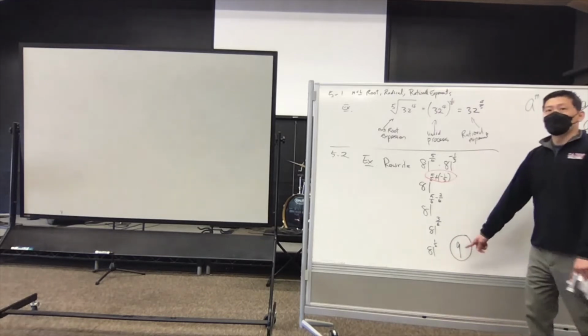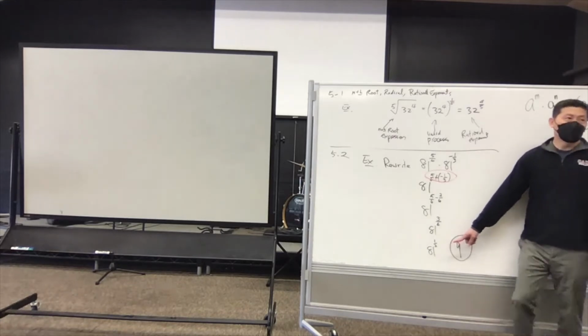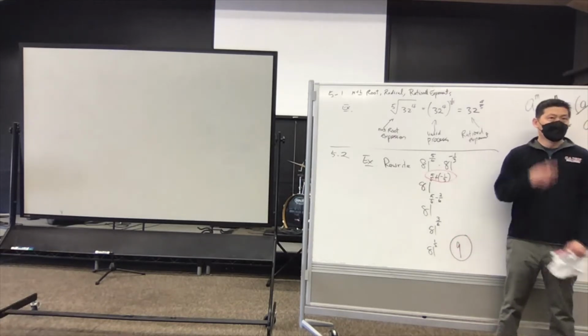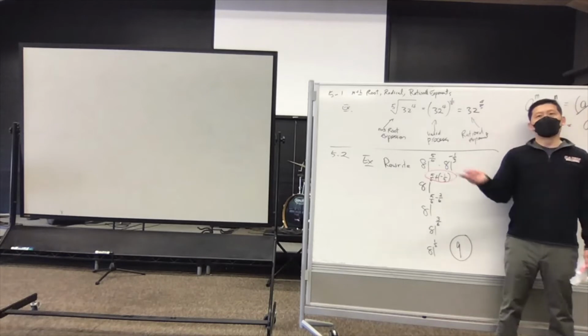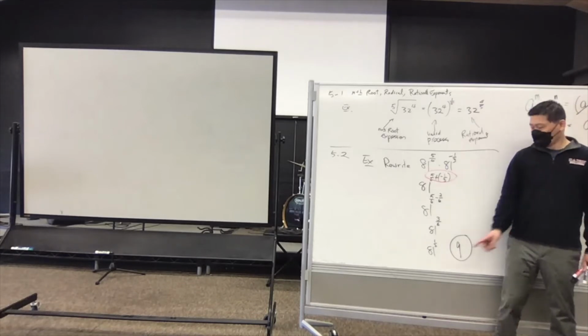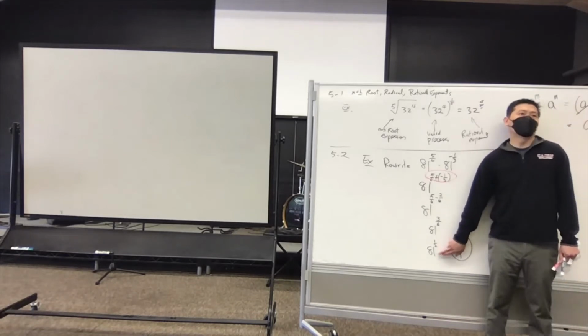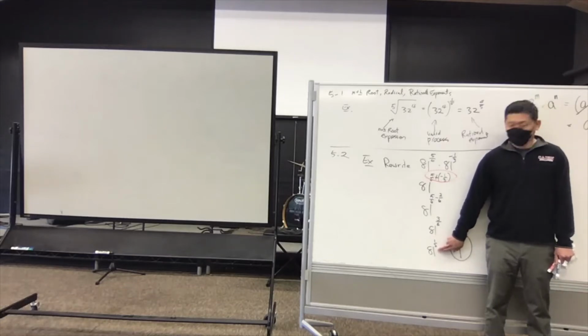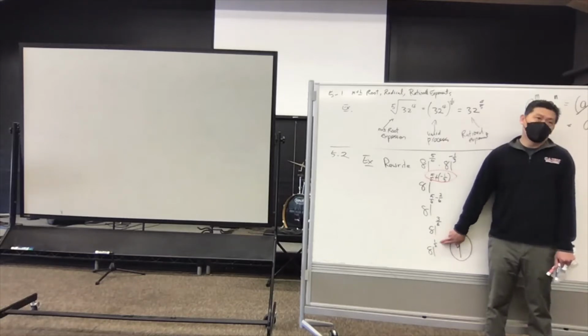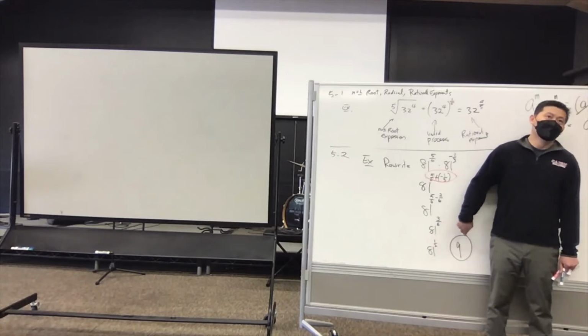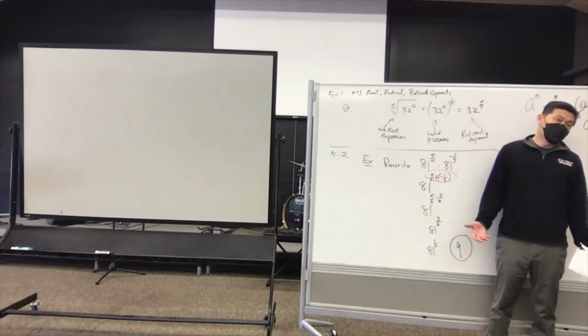Now, notice in my logic I took a different direction than what some of you may be taking. I say 81 to the 1/2 power is 9 squared to the 1/2 power, which is 9 to the 2/2, which is 9 to the 1 power, which is 9. That's one way to think about it, right?